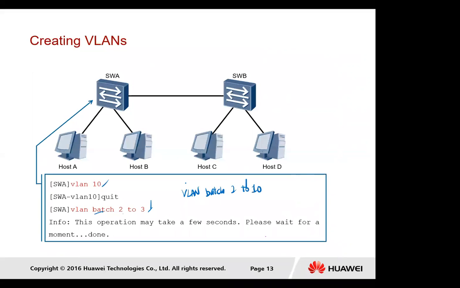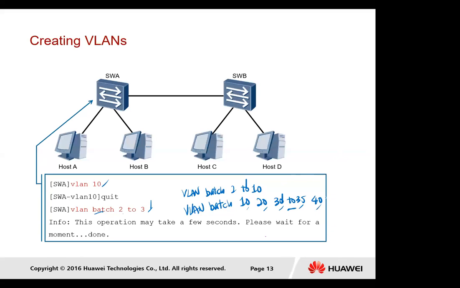Or let's say you do not want a single range, you can also define it like this: vlan batch 10 20 30 to 35 40. So you can create VLANs by single VLAN 10, 20, a range 30 to 35, and 40.